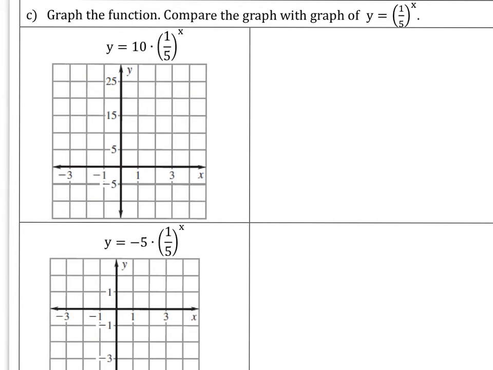So first I'm going to graph this function on this graph. So x, y, and 0, 1, and I'm going to use 1, so this would be 1/5. Okay, and 1/5 is about 0.2.